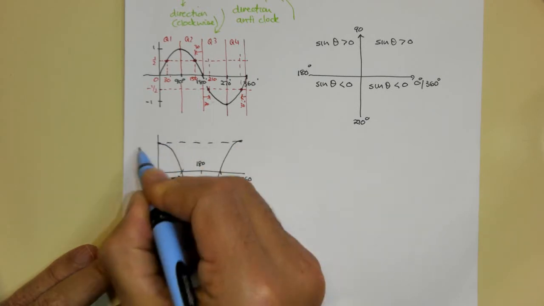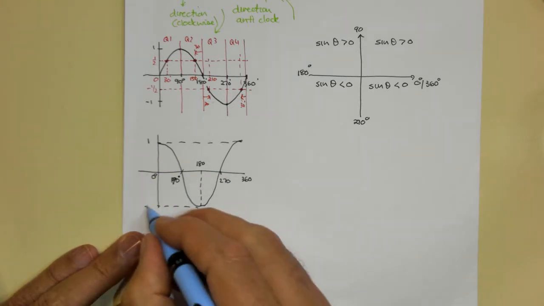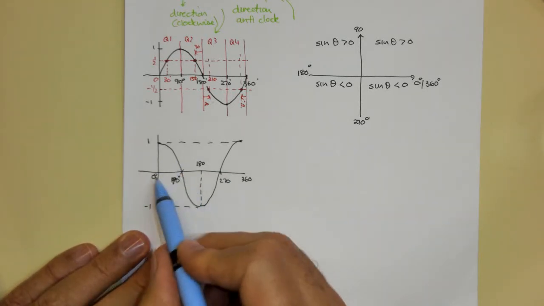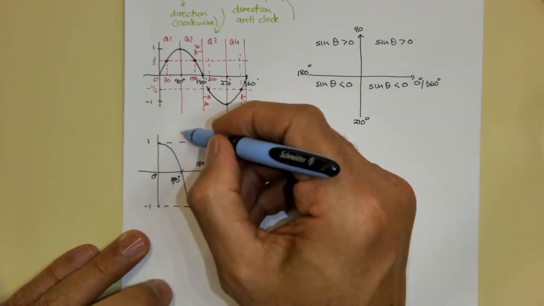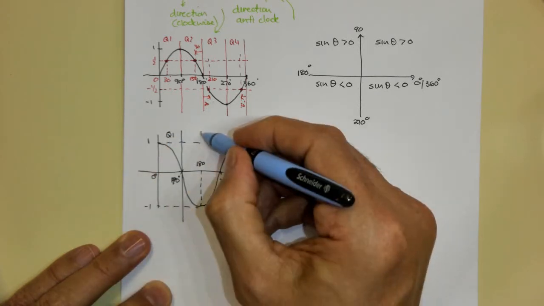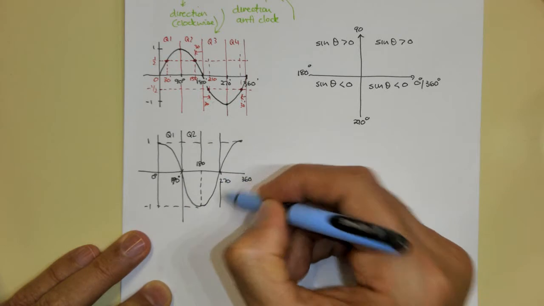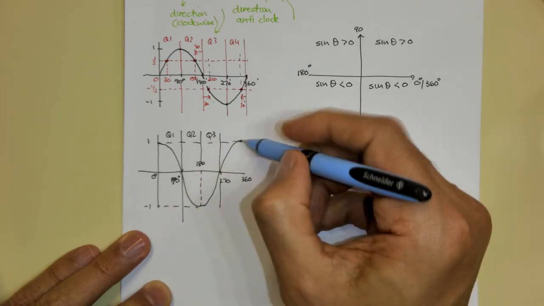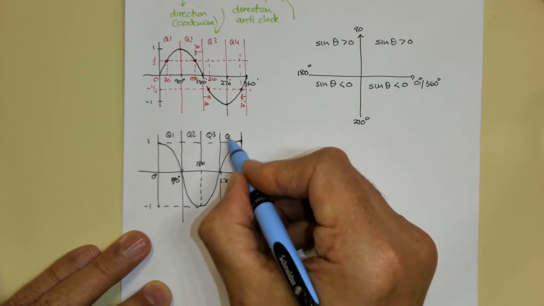Sine and cosine both optimize at 1 and minus 1. Okay, now let's see, between 0 and 90, look at that, cosine is positive, so there's my quadrant 1. Here's my quadrant 2. There lies my quadrant 3. That's the school bell. There goes my quadrant 4.